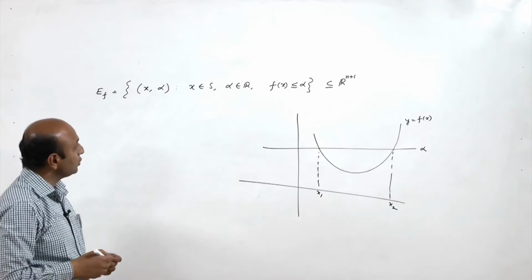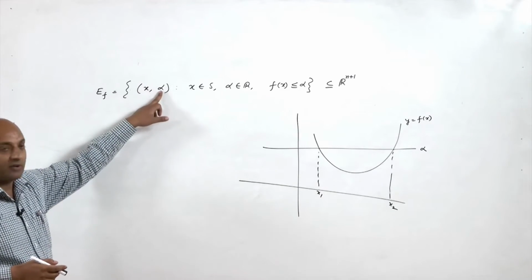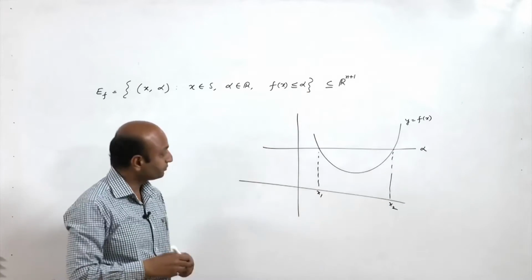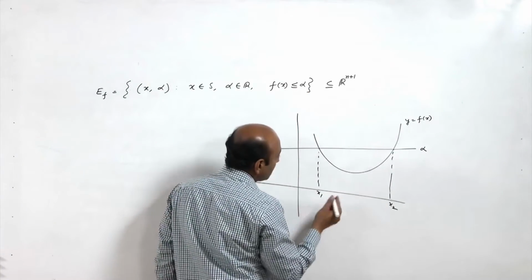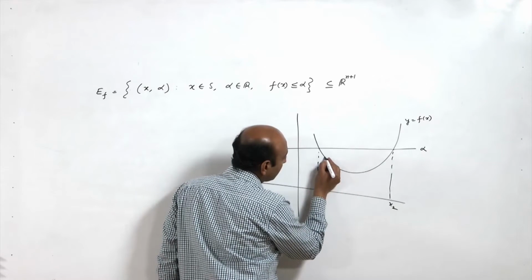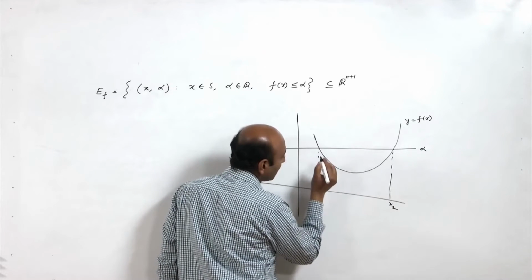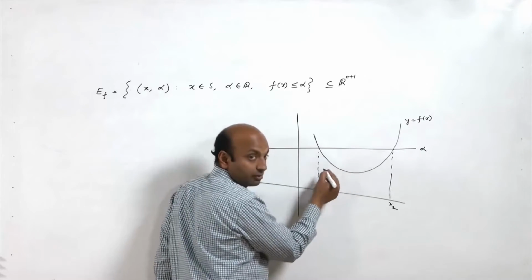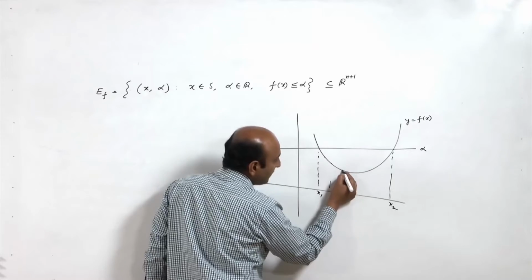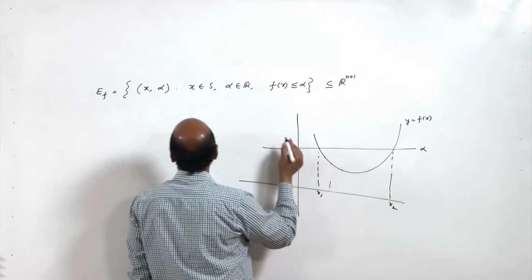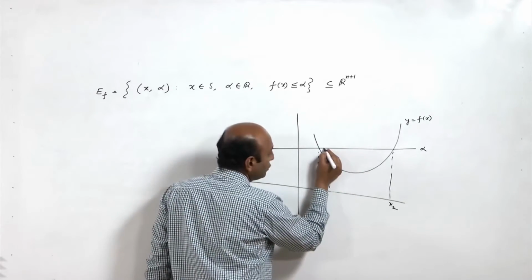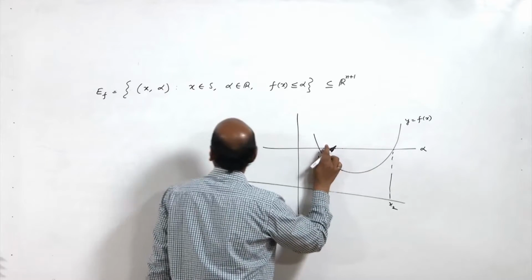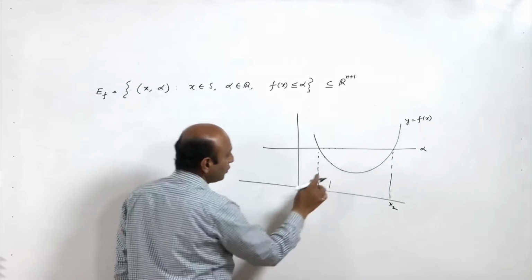You are interested to find all those (x, alpha) such that f(x) is less than or equal to alpha. Suppose you take a point here.